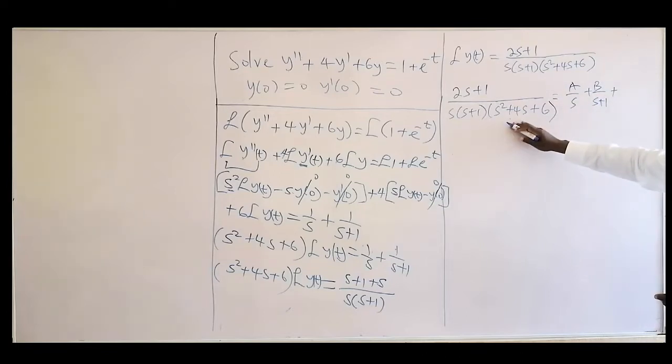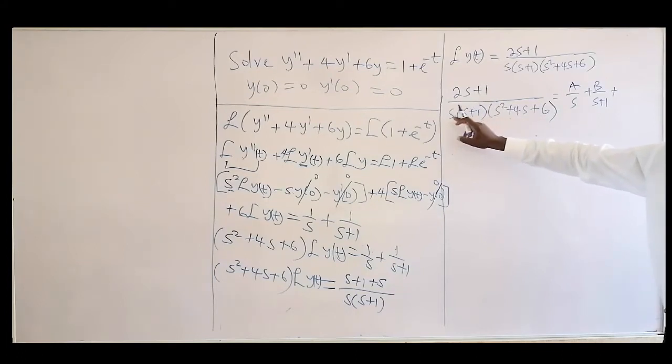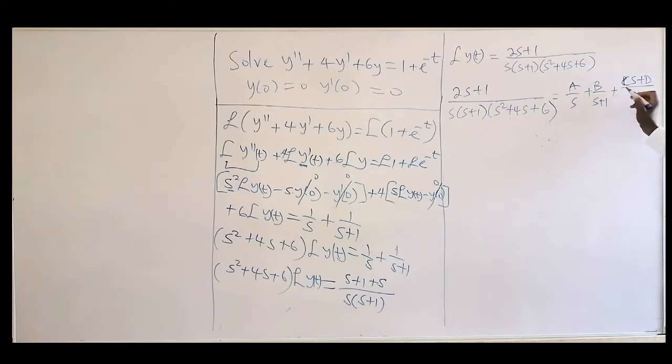Then this is quadratic, and you can't factorize it into linear factors. This one is a linear factor, and this one is a linear factor. In that case, this will give you Cs plus D all over s squared plus 4s plus 6.